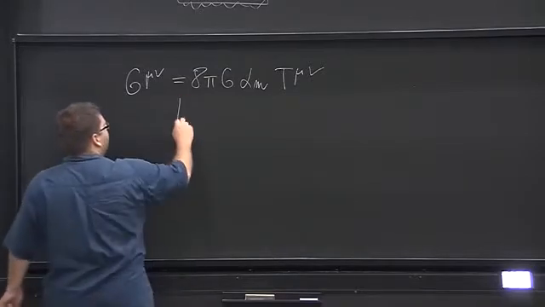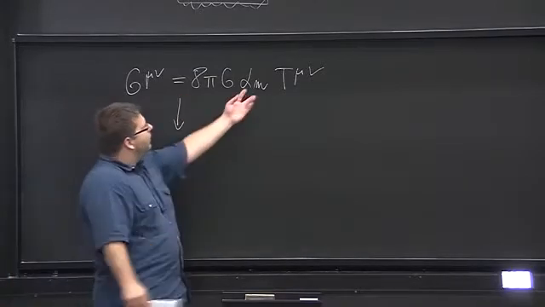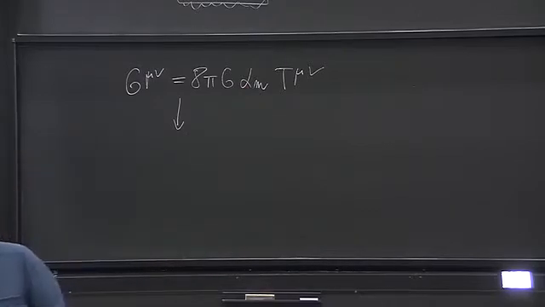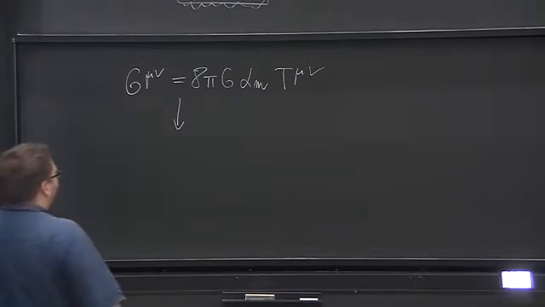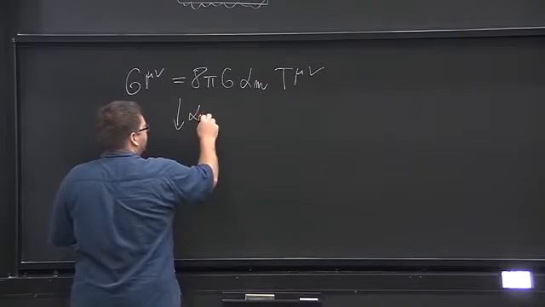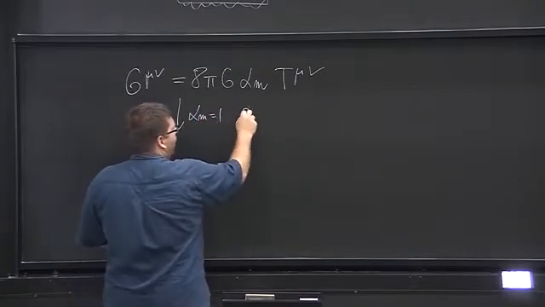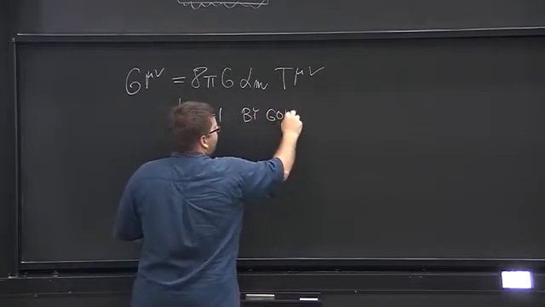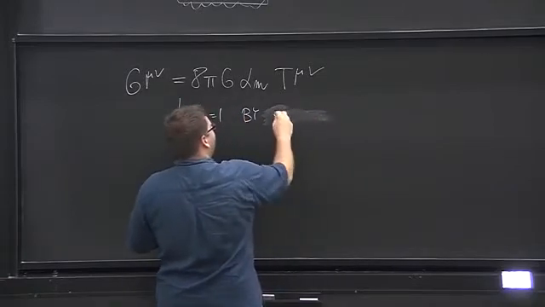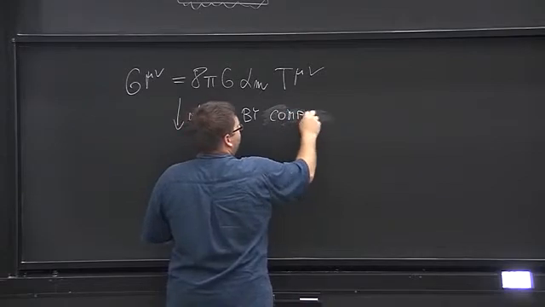And then you have to fix this alpha m. So this is some coupling, some constant, showing how strongly gravity couples to matter. And the way to fix this alpha m, so we will see that alpha m is equal to 1, is by performing the Newtonian limit, by comparing with Newton.